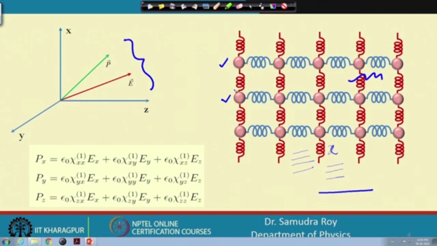Now, if I consider this vibration as a spring-mass system, then this will be the entire matrix. In an anisotropic system, the springs shown here in blue and red are not the same kind of spring. So, the spring constant is different for these two cases.